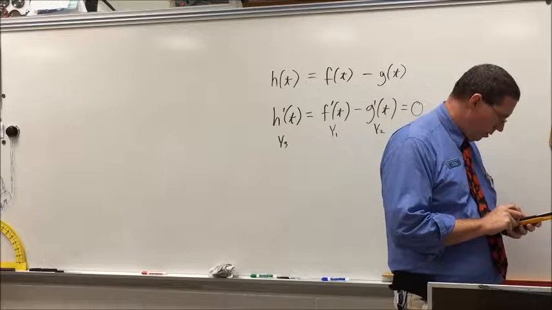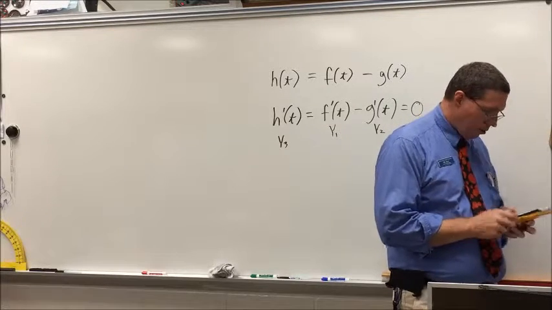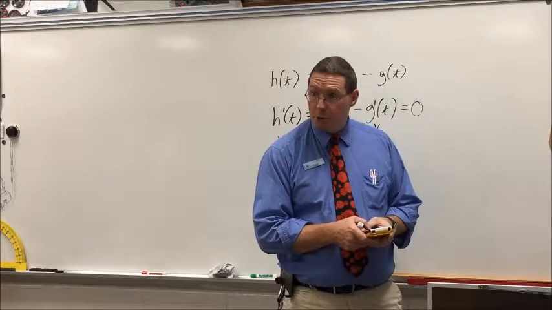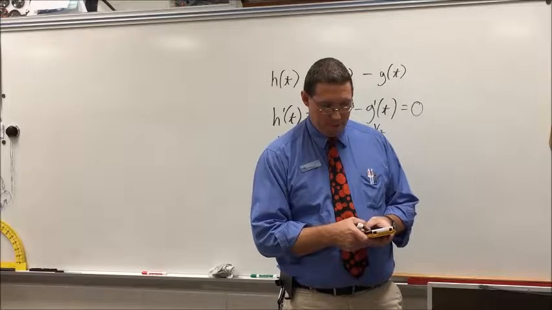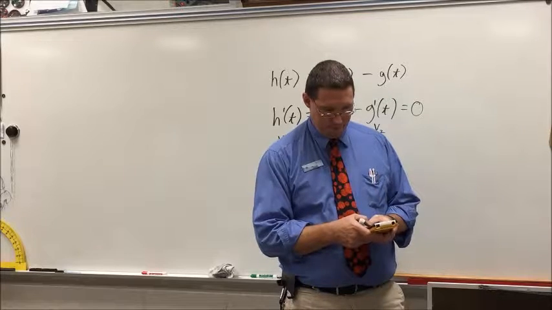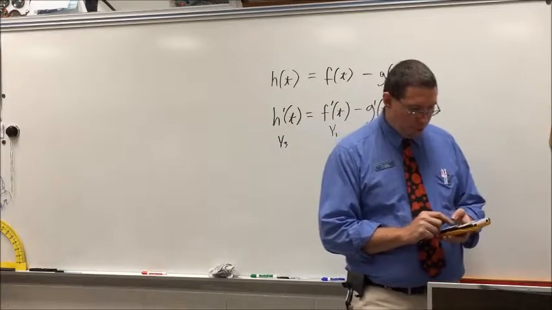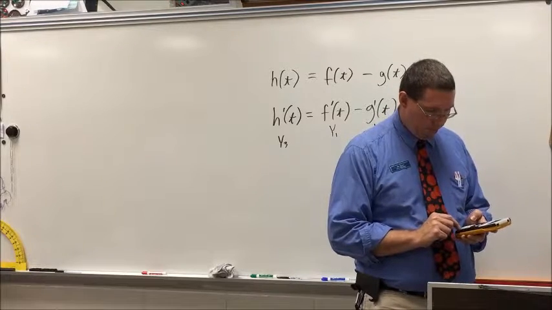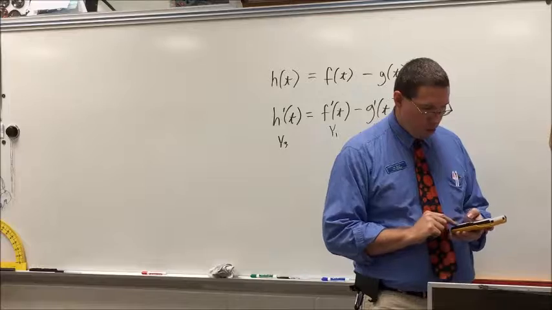I'll close that. Now here's what I'm going to do. I'm going to turn off y1 and y2 because I don't want them graphed. And then for y3, I'm going to hit alpha trace and select y1 minus alpha trace y2.